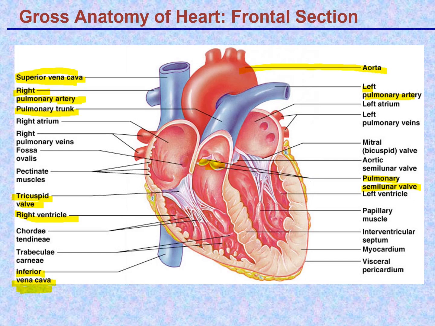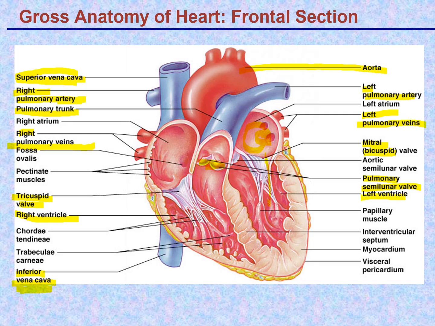So the right and left pulmonary arteries lead up to the lungs, where the blood gets oxygenated, and then the blood is returned through the right and left pulmonary veins. Fully oxygenated, all that blood enters into the left atrium and goes down through the bicuspid valve, which also is called the mitral valve.